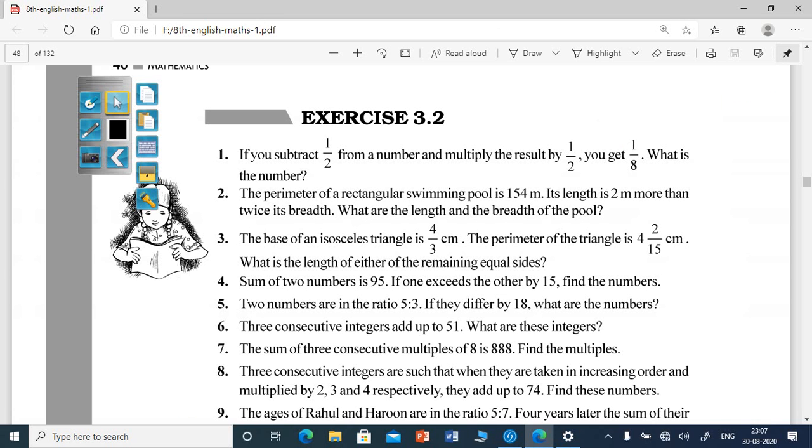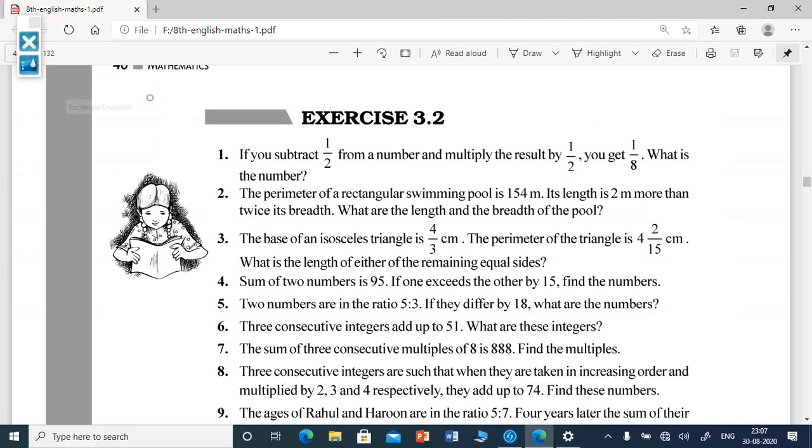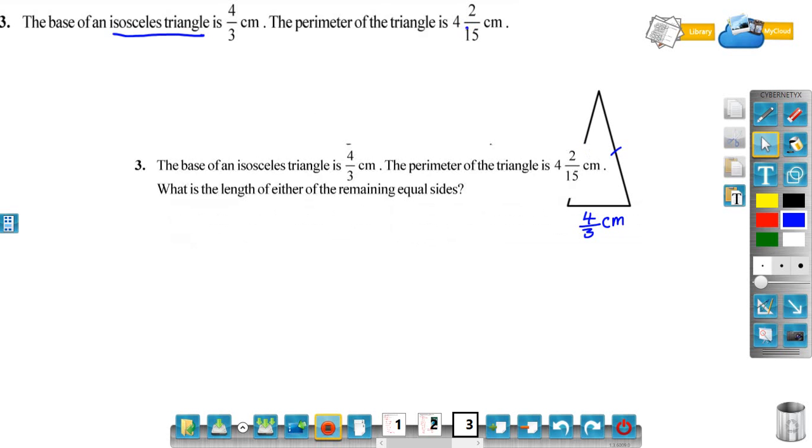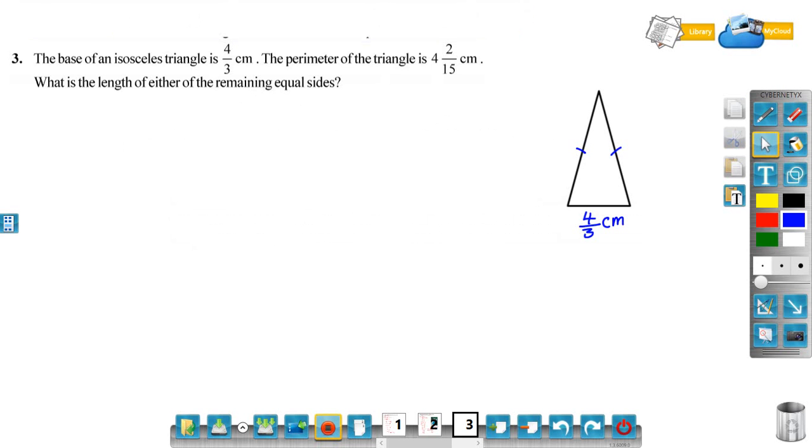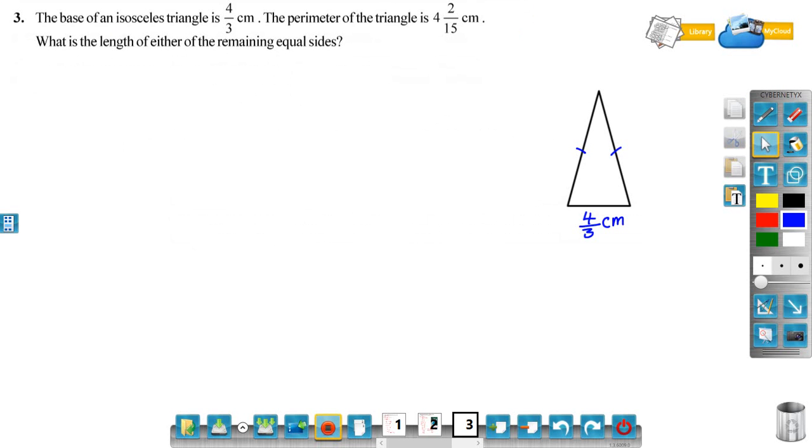What is the length of either of the remaining sides? It is given that the perimeter is 4, 2 by 15 centimeter.